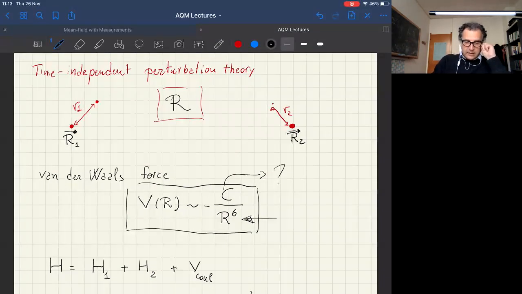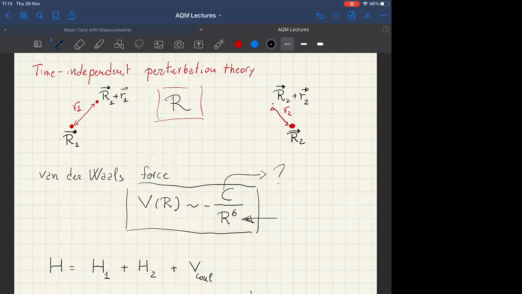This means that the positions of the 2 electrons will be R1 plus small r1 and R2 plus small r2. Is this clear? Yes. Okay, very good.